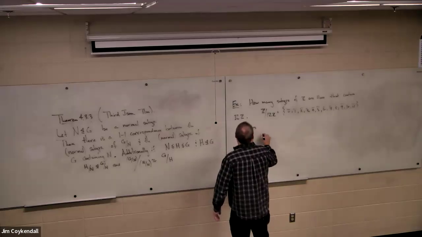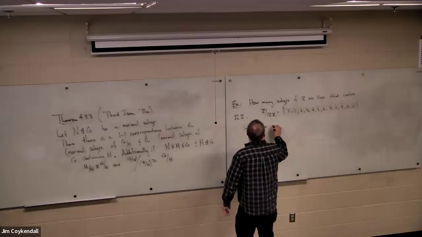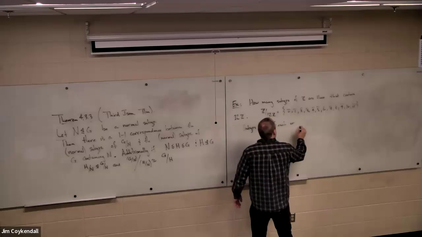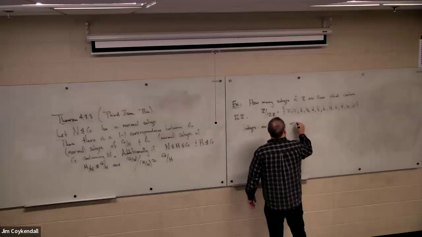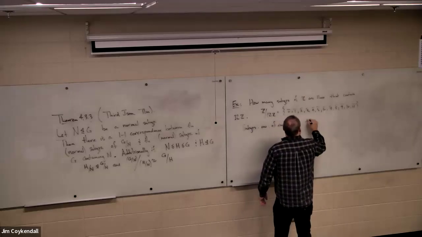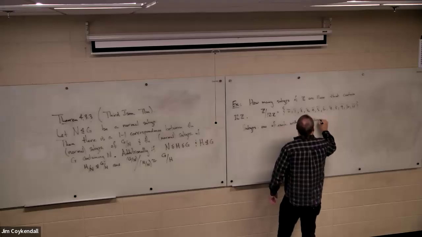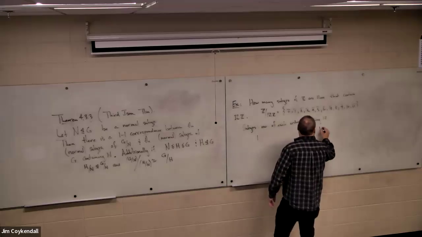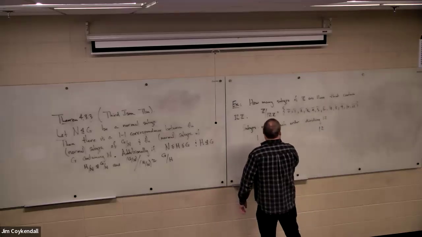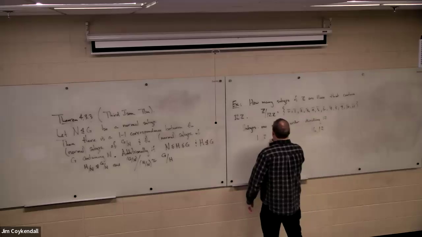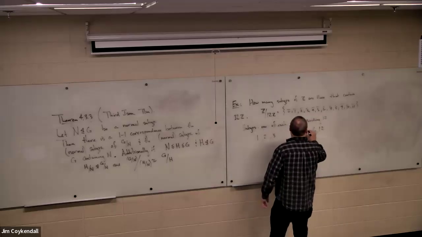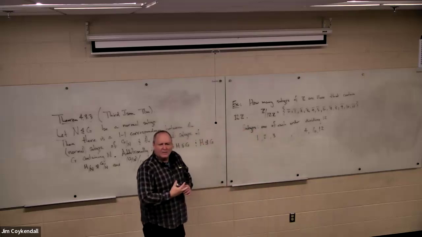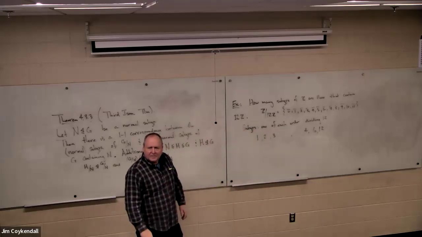Subgroups: one of each order dividing, in this case, 12. 1, 12, 2, 6, 3, 4. I guess there's 6 of them.